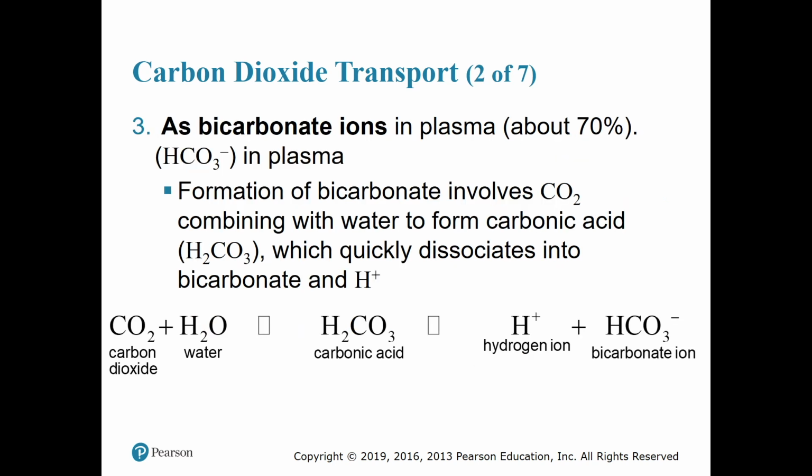And as bicarbonate ions in plasma, about 70%. So formation of bicarbonate involves CO2 combining with water to form carbonic acid, which quickly dissociates into bicarbonate and hydrogen ion, which we've already, I think, become very familiar with.